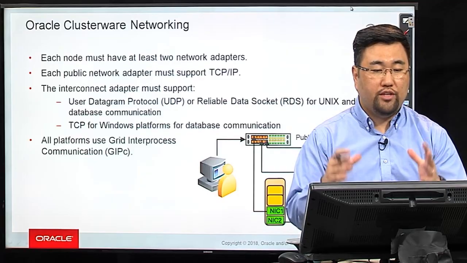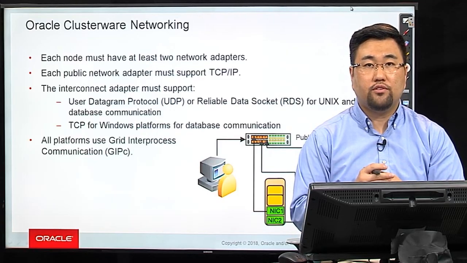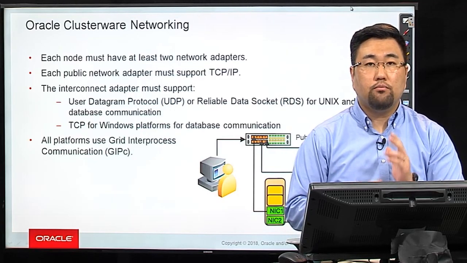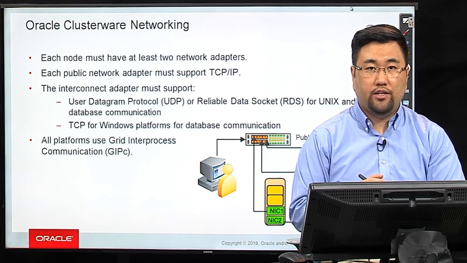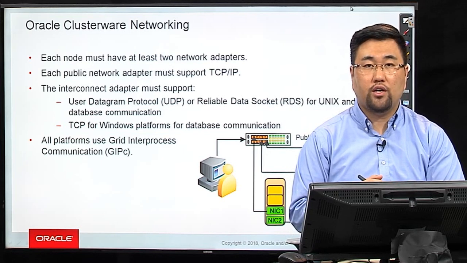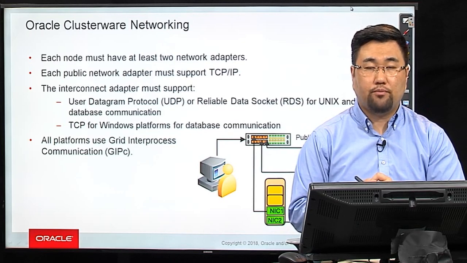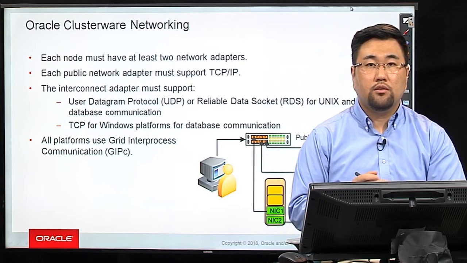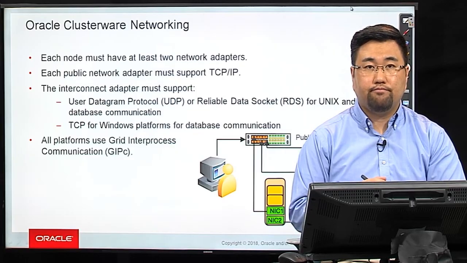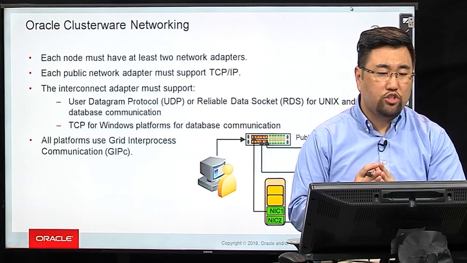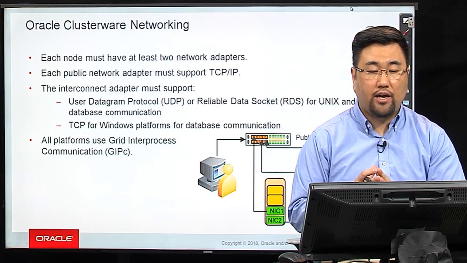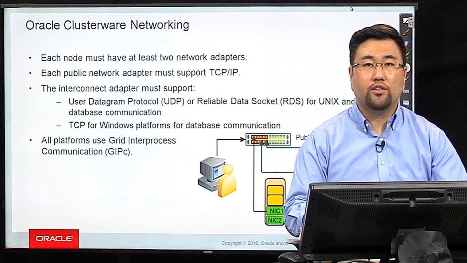To be able to install Oracle Clusterware successfully, you must have at least two network adapters. First, a private network adapter. Second, a public network adapter. And also, each public network adapter must support TCP/IP.